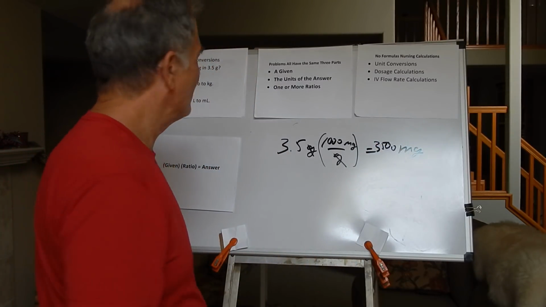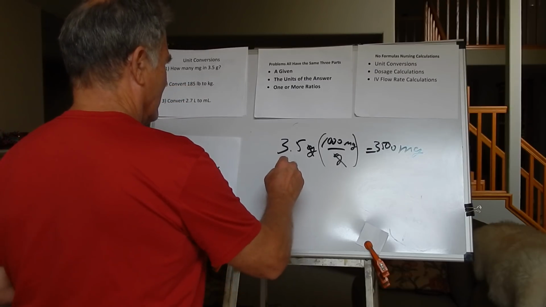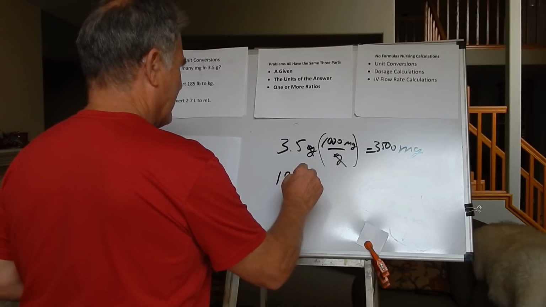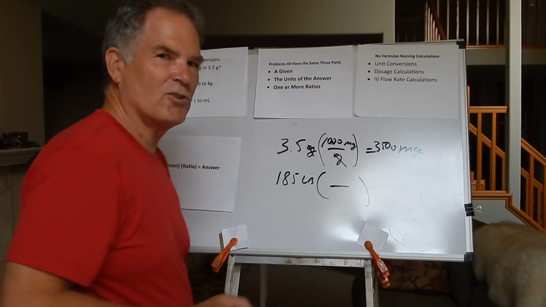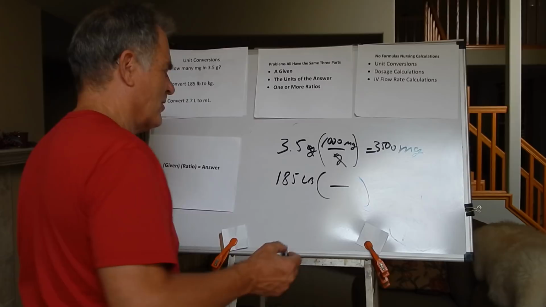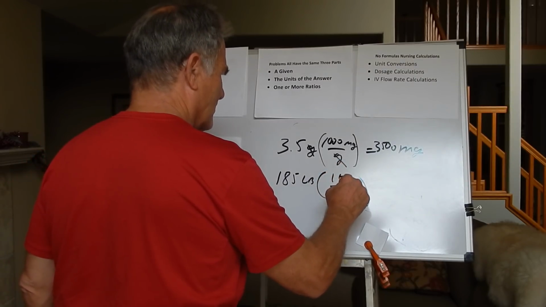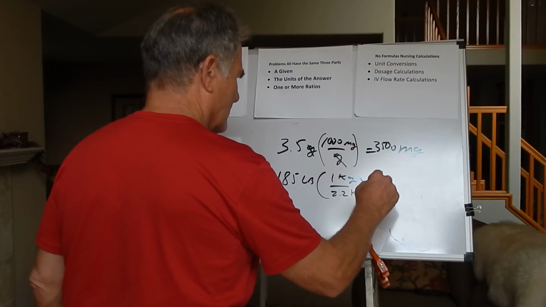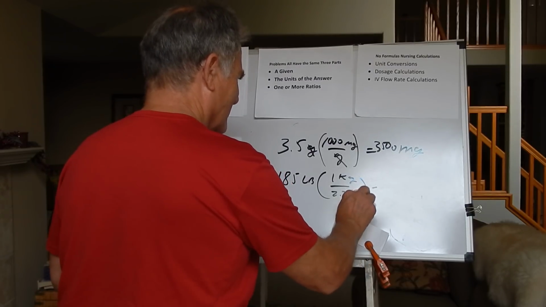Pretty simple. Convert 185 pounds to kilograms. The given is 185 pounds, and you know you have 2.2 pounds per kilogram, and kilograms will have to go on top. Whoops.